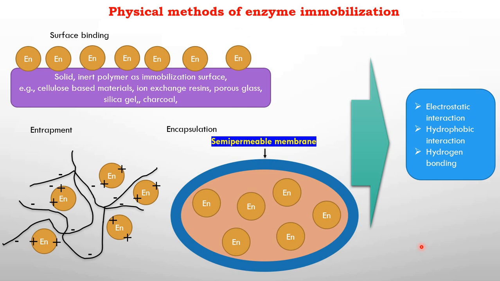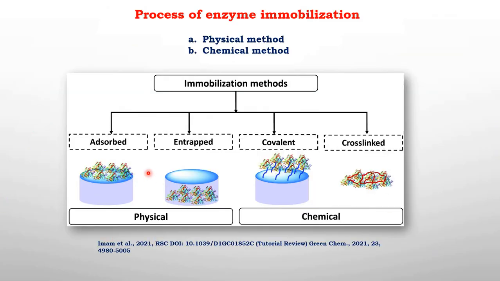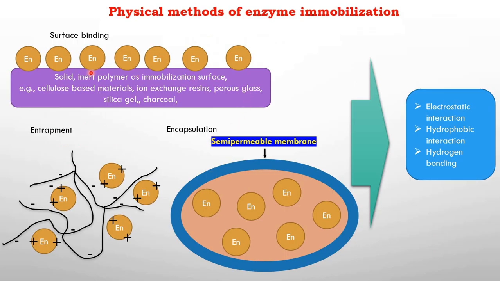Now this is the example of the physical method. As already told, the enzyme may be adsorbed or it may be entrapped. For adsorption, as I already said, the substratum should be solid. So a solid inert polymer was used as the immobilization surface. For example, in most cases we use cellulose-based materials, ion exchange resins, porous glass, silica gel, charcoal, etc. Onto the surface, the enzymes are simply attached with a very weak bonding pattern.